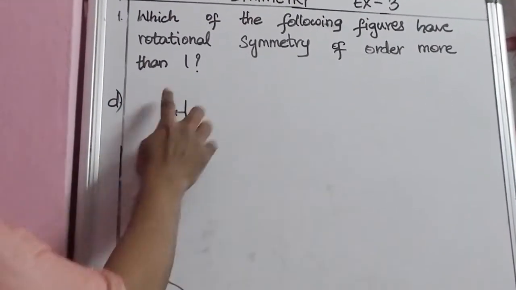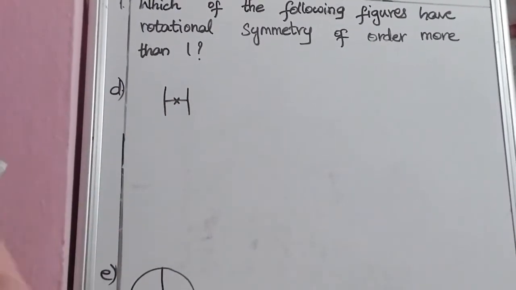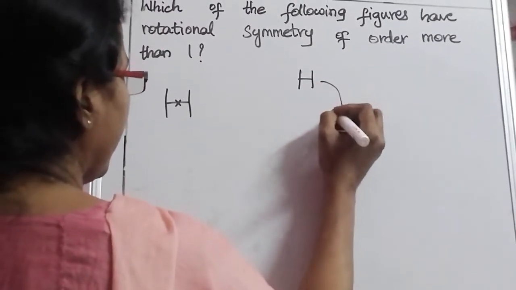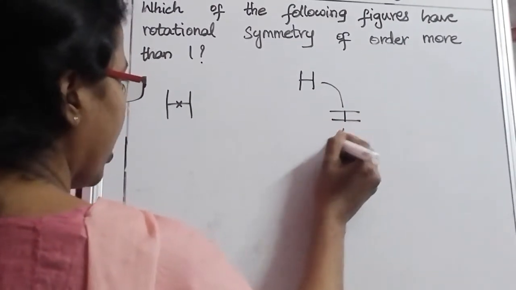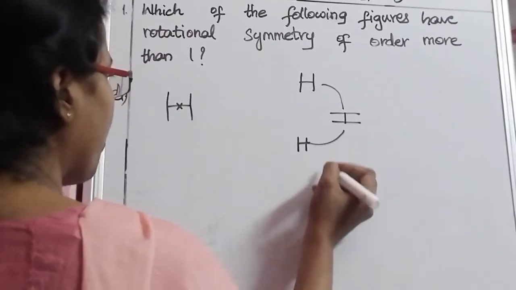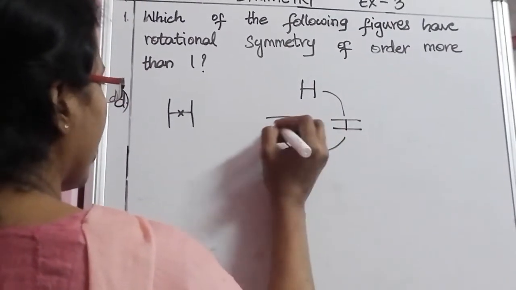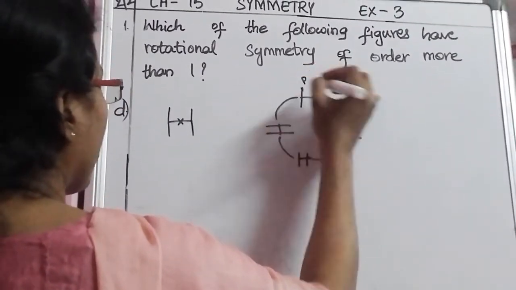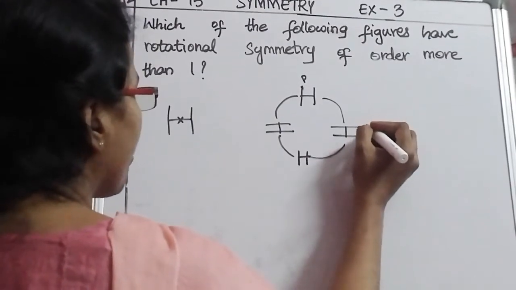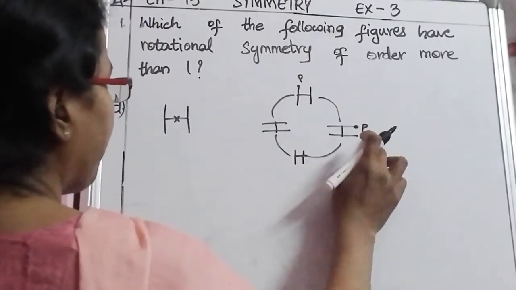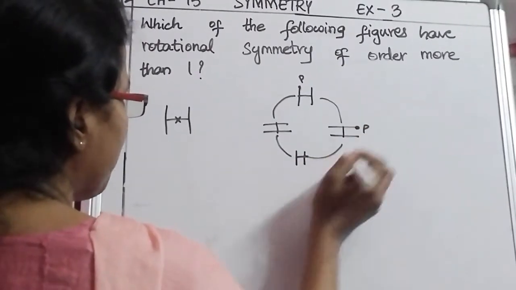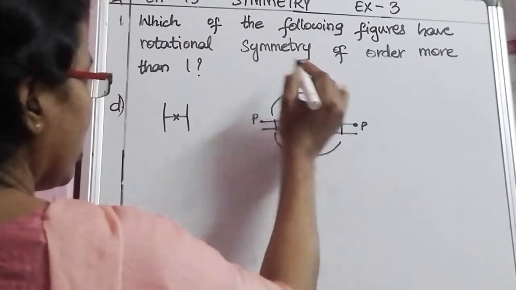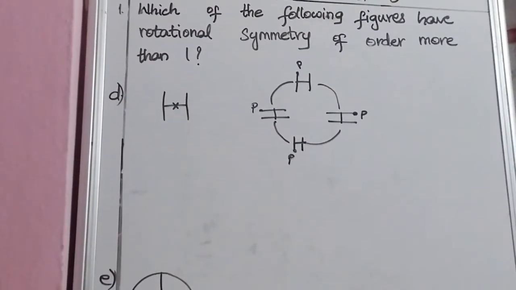So here the letter H is given and the center is marked here. So let us take H. This H, when it is rotated, it is going to become like this, and then if you rotate it once more, you are going to get H again. If you want, you can take P, or simply also you can do. So this becomes P, and then this P is going to come this side, then P is going to go up, then the last P is going to come that side.